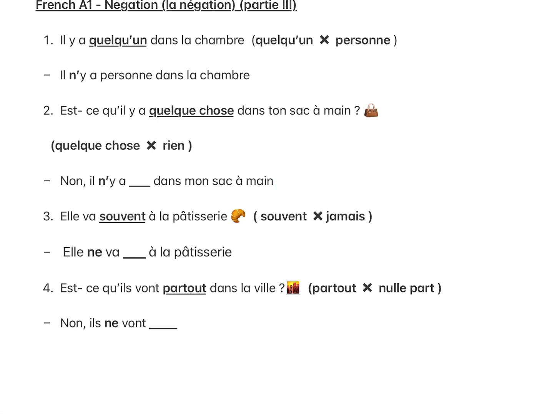So, as you can see, we have followed the same step, that is, we add ne or an apostrophe before the conjugated verb, and after the conjugated verb, we simply add the opposite, in this case the opposite of quelque chose, that is rien.